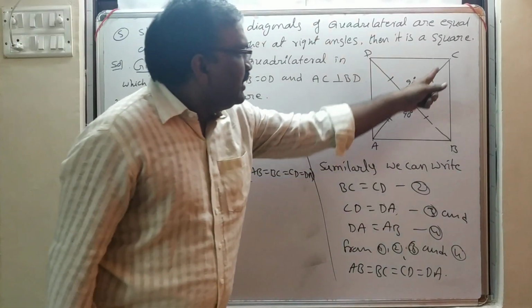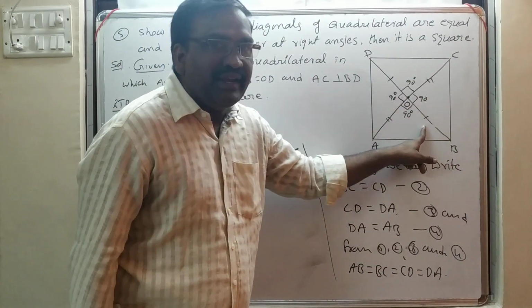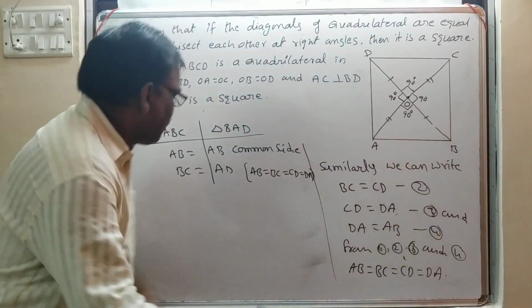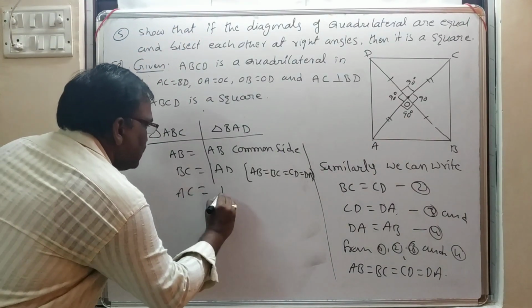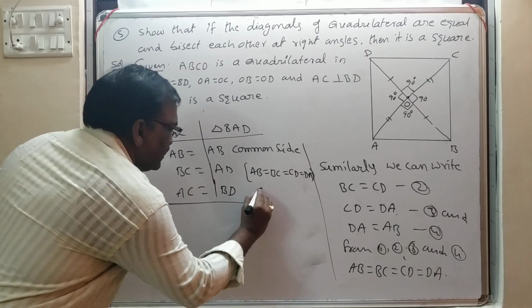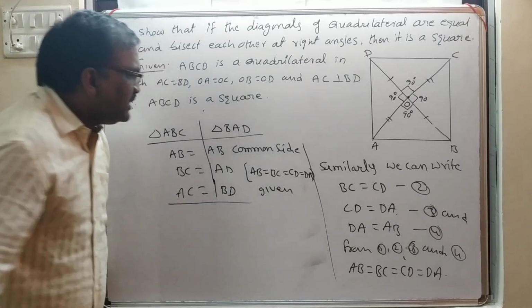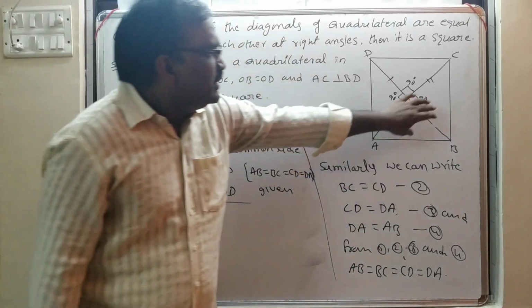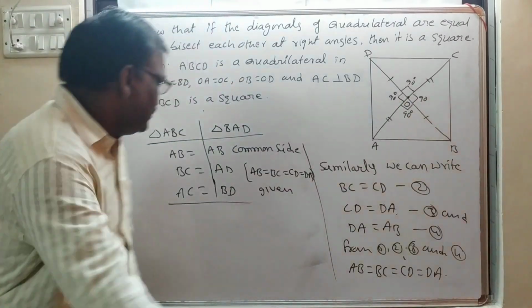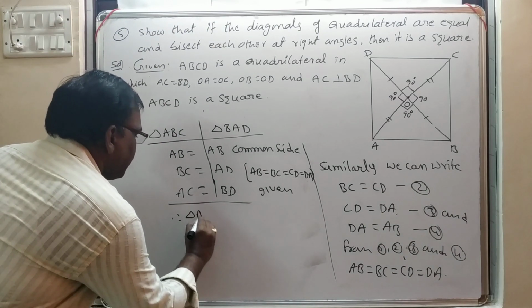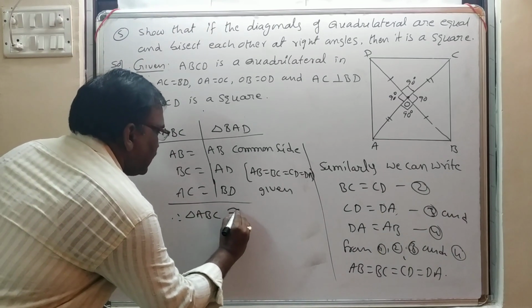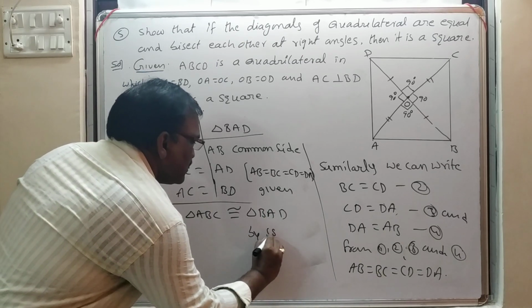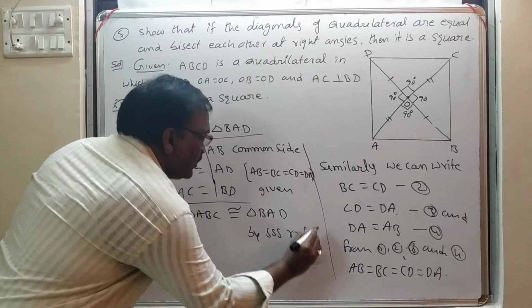Next, what is one more condition? Given AC is equal to BD. Diagonals are equal, given. So AC is equal to BD. This is given. See, side, side, side. By SSS congruency rule, this triangle is congruent to this triangle. Therefore, triangle ABC is congruent to triangle BAD by SSS rule.